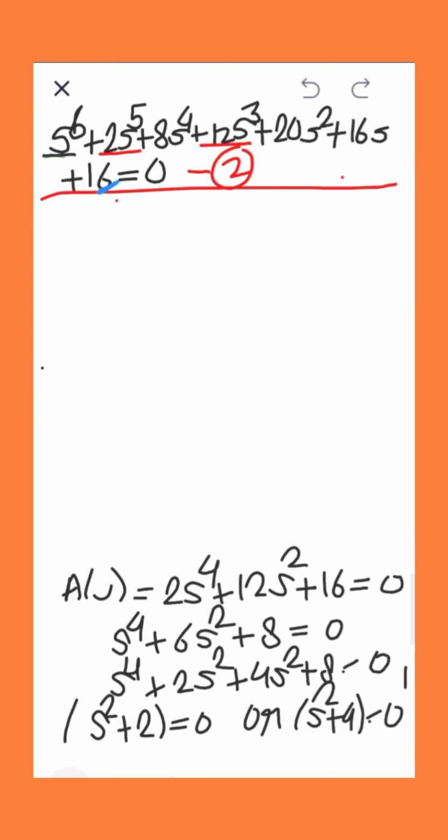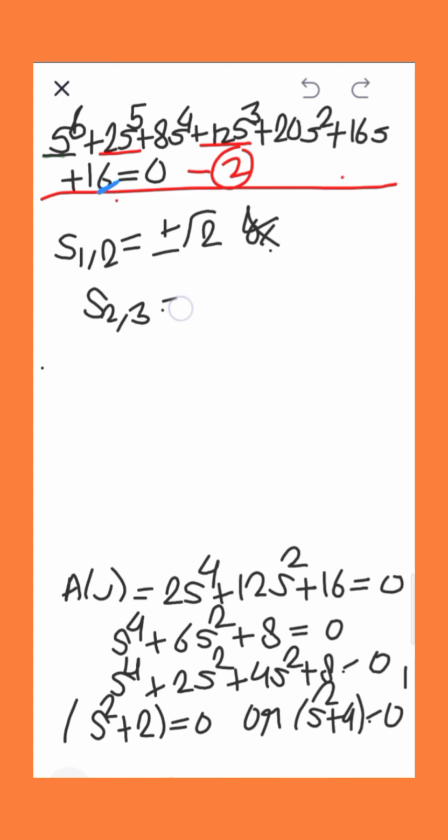So here we get two sets of roots: s1,2 equal to plus minus root 2, and the second one is s2,3 equal to plus minus root of 4. For this, tell me the root 2 value and the root 4.